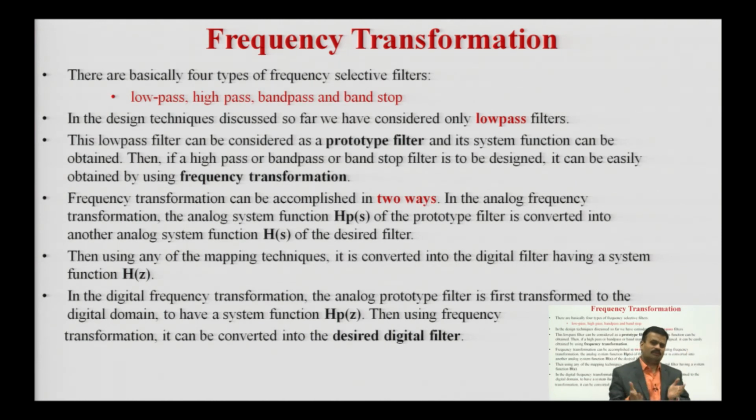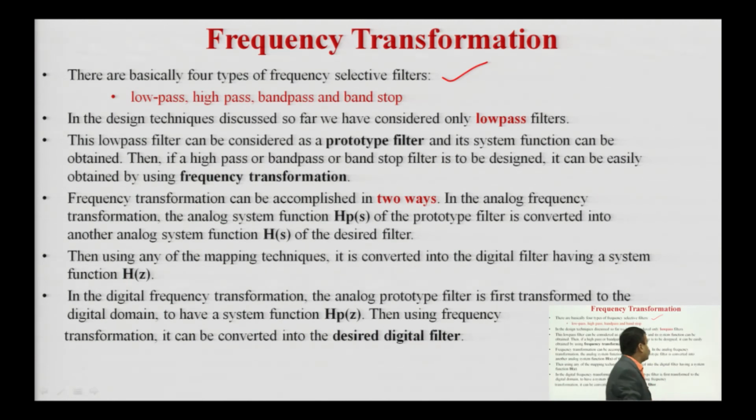Every practical realistic thing is analog, and you have to convert that analog thing into digital, always remember it. There are basically 4 types of frequency selective filters, you know very well: low pass, high pass, band pass and band stop.